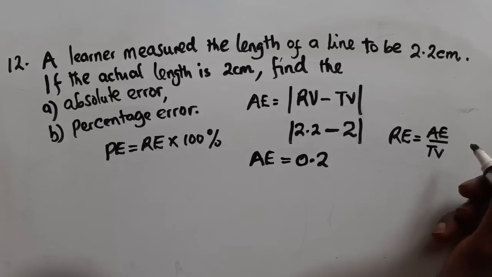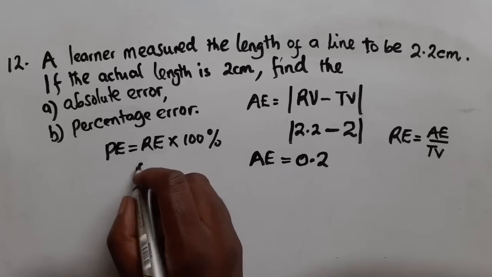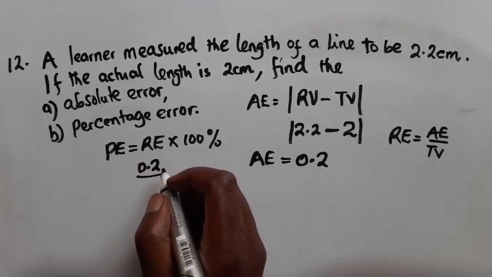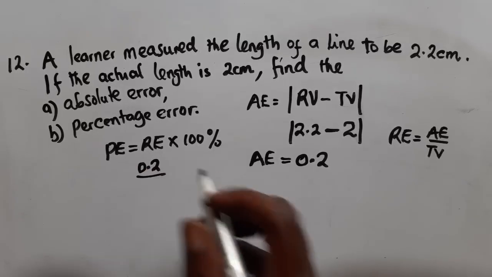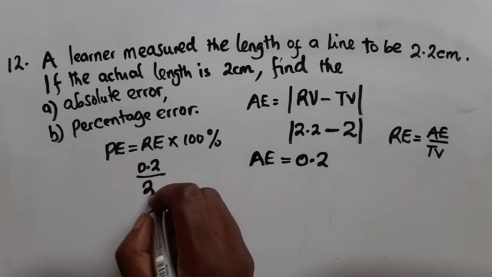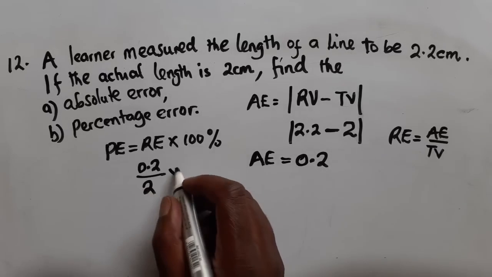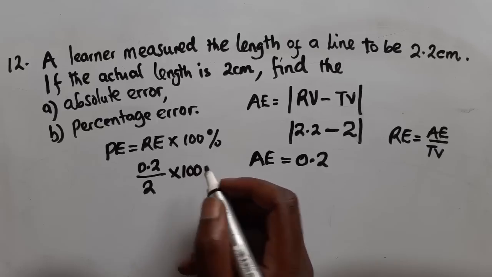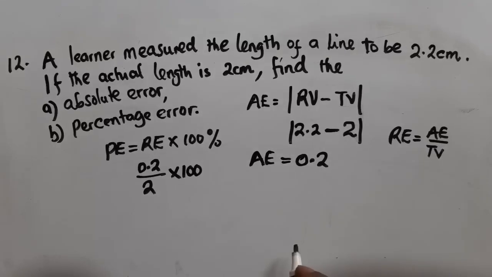So the absolute error is 0.2 over the true value, which is 2. We have to multiply this by 100. So what are we going to get?